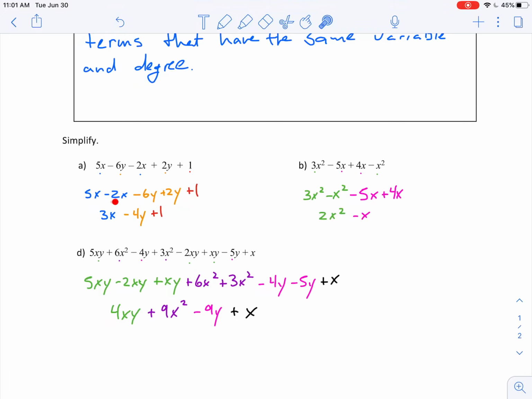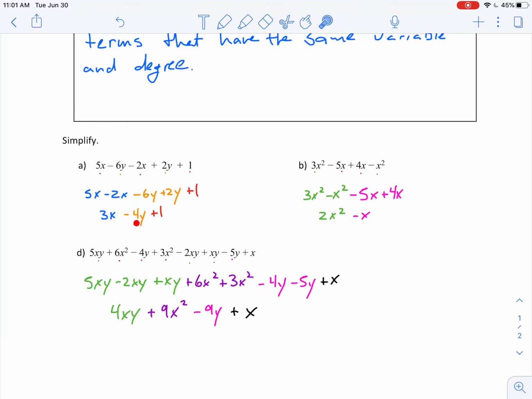So if I was to quickly just regroup that problem, I would get something like this. So it's a lot easier to see. I can take 5x and take two x's away from it, right? 5 times something minus 2 times something is 3 times the something. Negative 6y plus 2y would be negative 6 of the other thing plus 2 of the other thing.